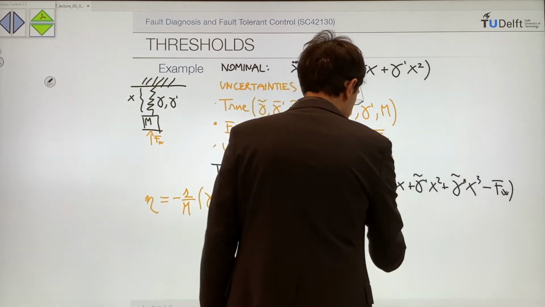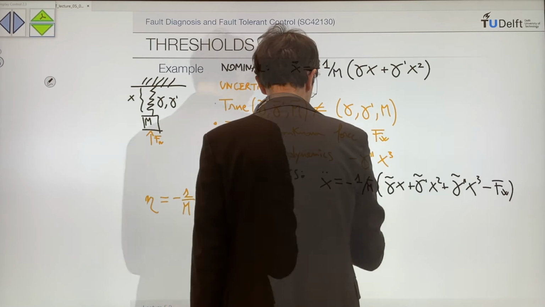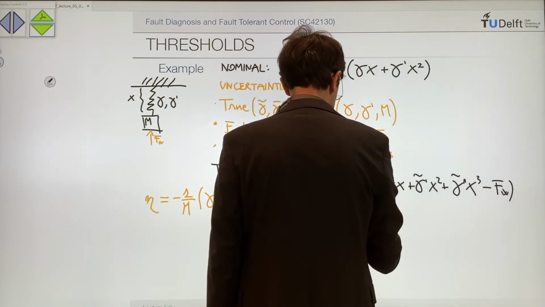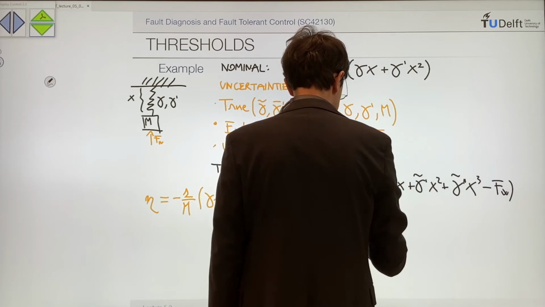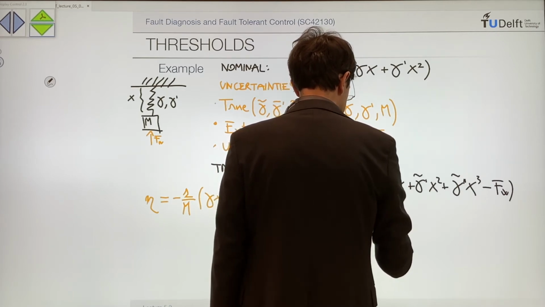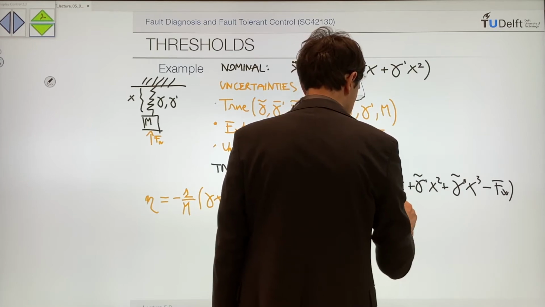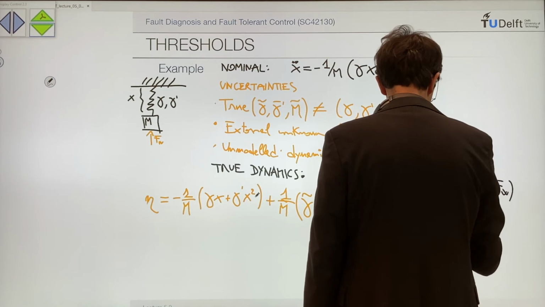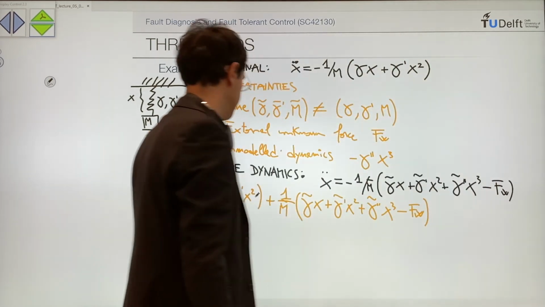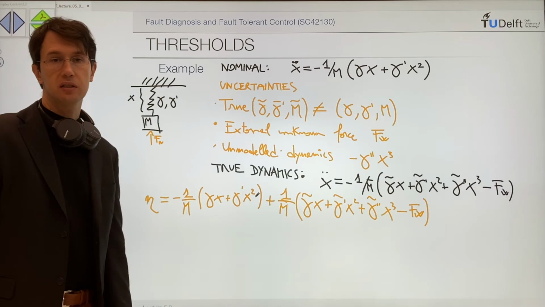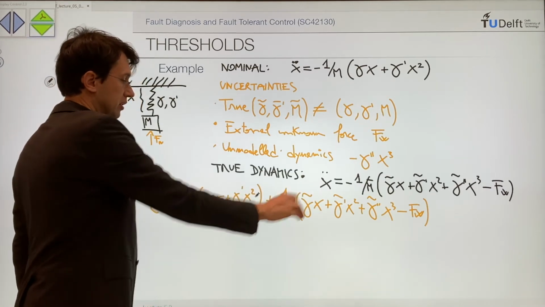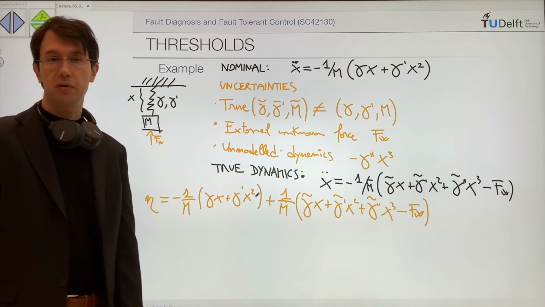It was m tilde here as well. That multiplies gamma tilde x plus gamma tilde prime x squared plus gamma tilde second x cube minus Fw. Okay, so this is the uncertainty. If you want, you can try to further simplify this expression and combine it.